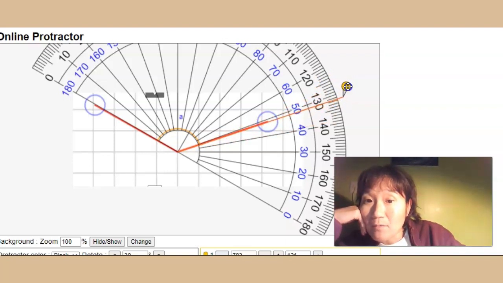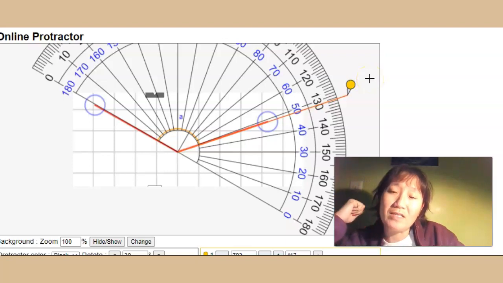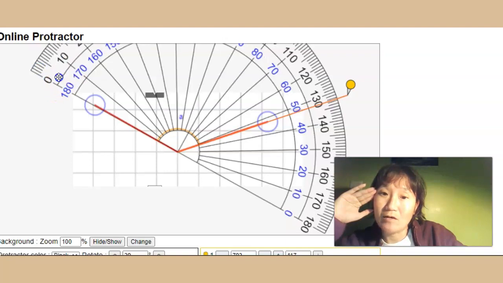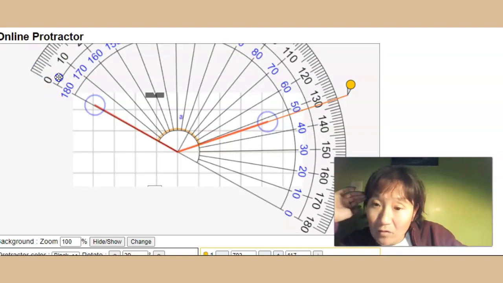I'm going to line it up off of the other arm here, and that puts me at about 131 degrees, if I have this lined up absolutely correct. There. I have it lined up perfectly.